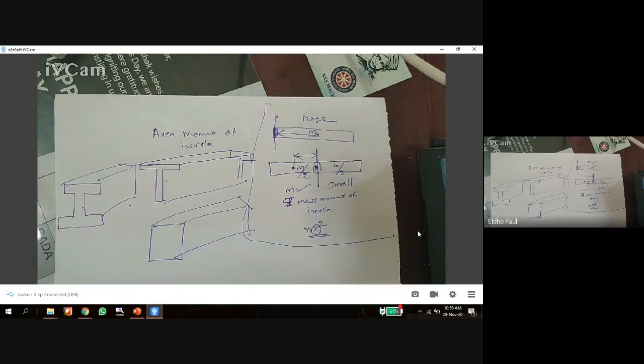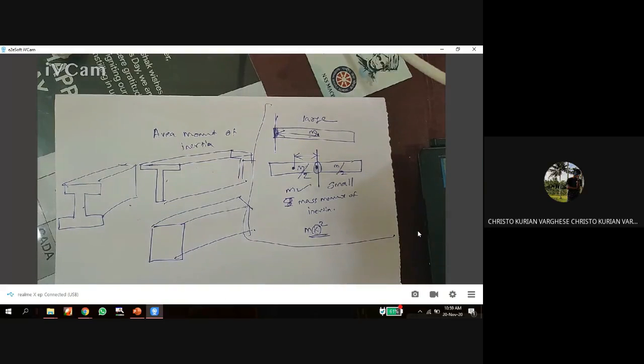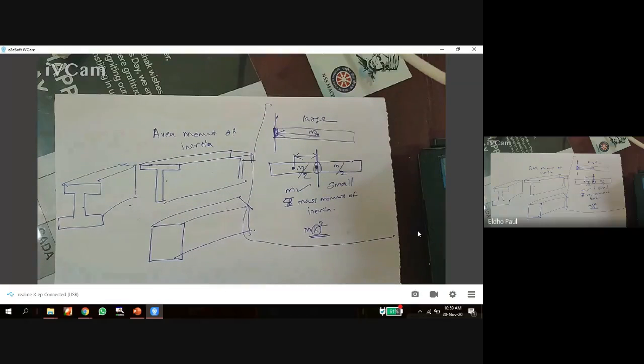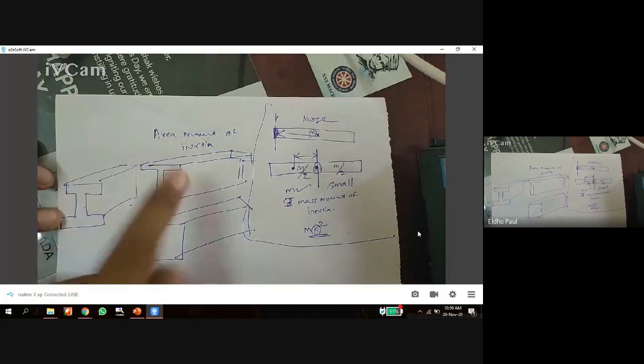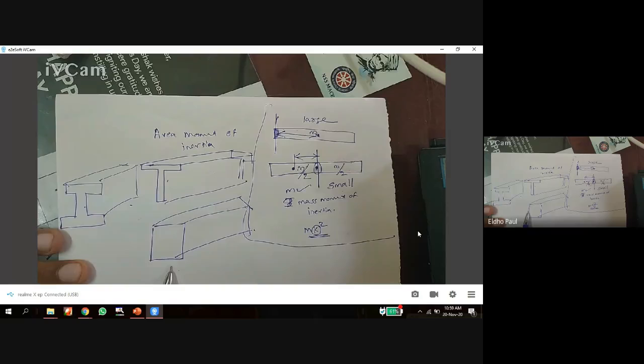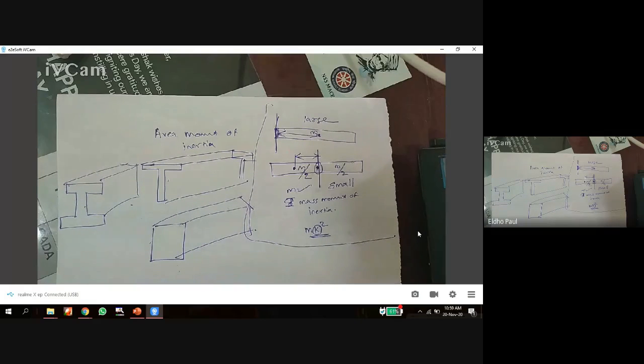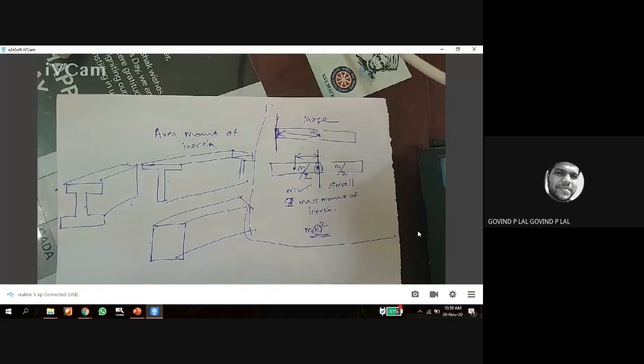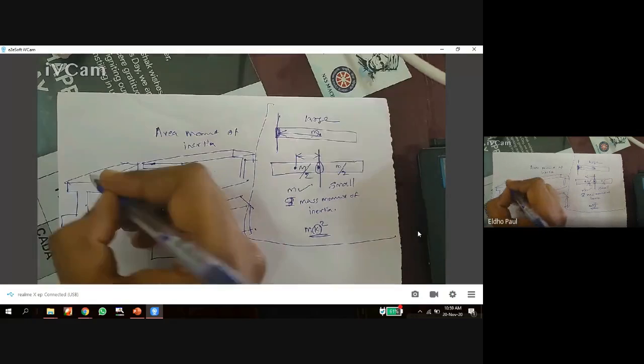This is about area moment of inertia. For the three cases, the cross section area is the same. Which one offers more resistance? The I section offers more resistance.